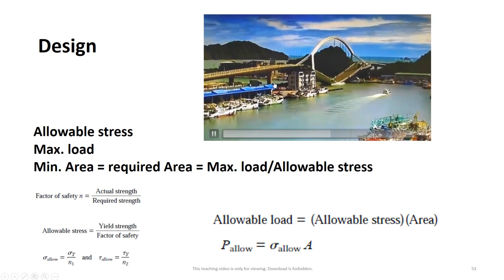Hold on. When we design the cable here, very important for an engineer is the factor of safety. The definition of the factor of safety is the actual strength divided by required strength.